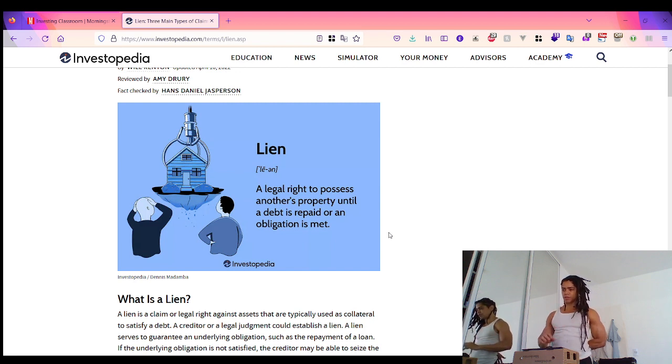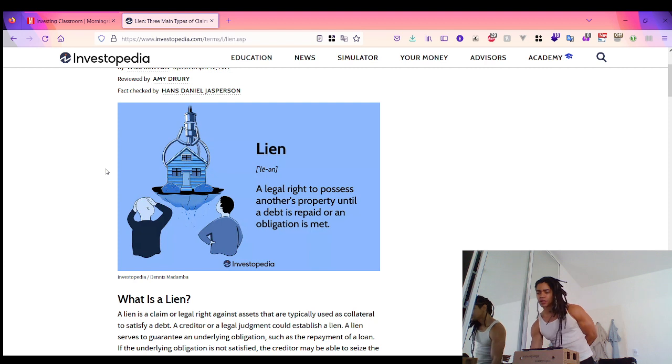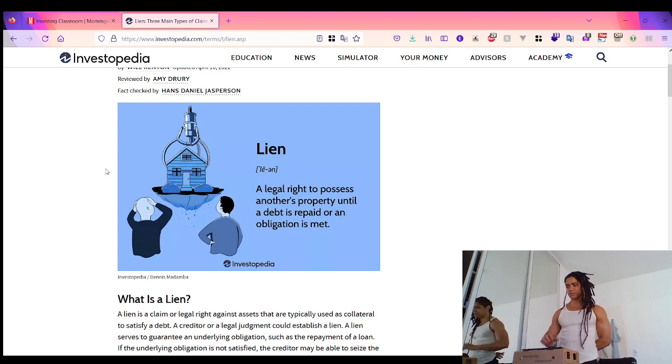A lien, a legal right to possess another property until a debt is repaid or an obligation is met.